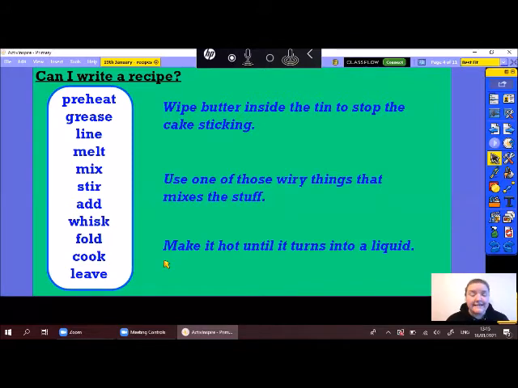The last one is make it hot until it turns into a liquid. Well, you know from our science last term that there's a much better word for that. If we're heating something until it becomes a liquid, what are we doing with it? We're melting it. And that's on our list here. So make sure that your verbs are really specific so people know what to do.